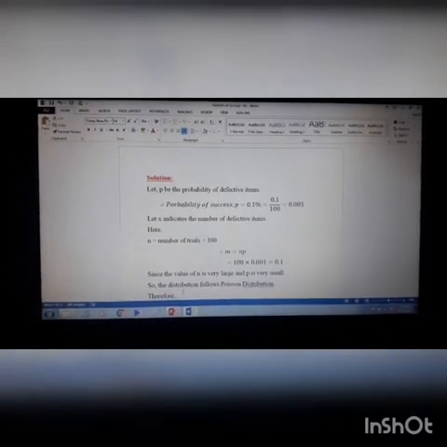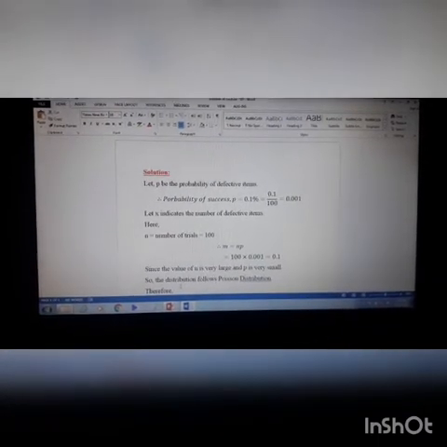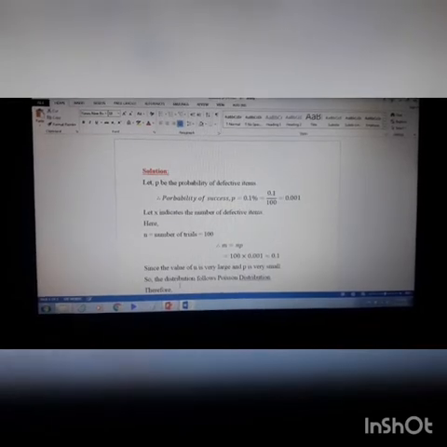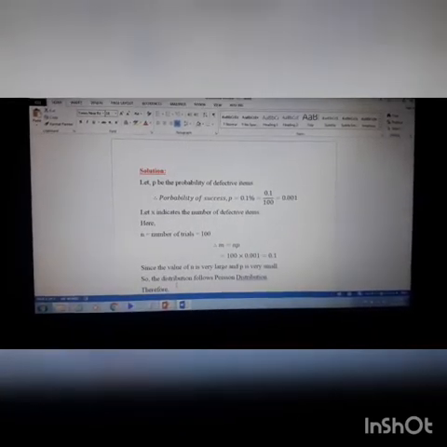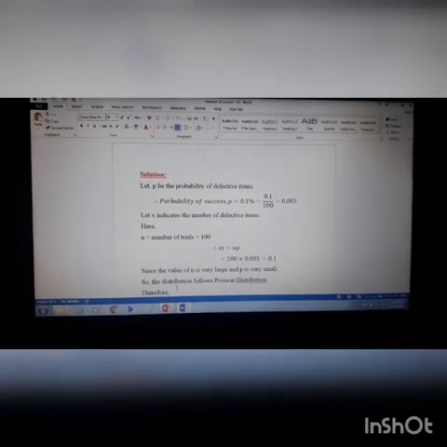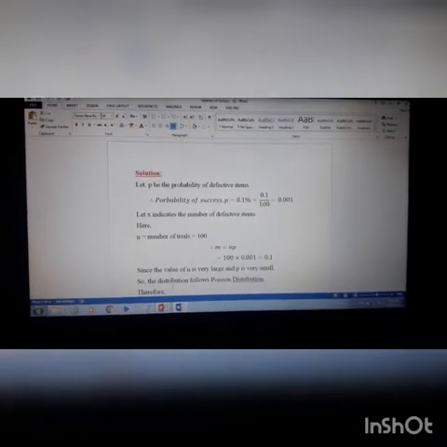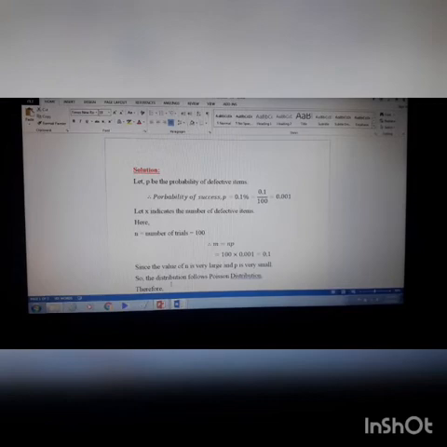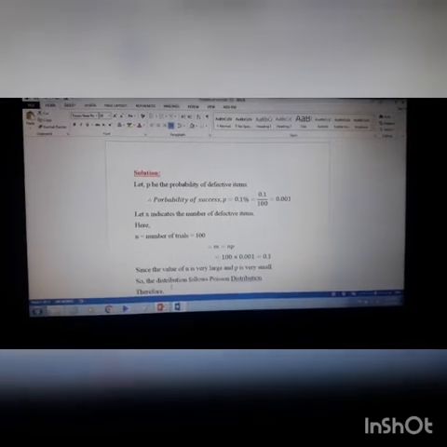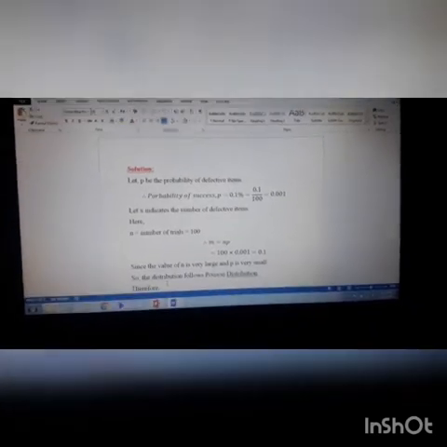So let p be the probability of defective items, which is given as 0.1%, that is 0.1 by 100, which is equal to 0.001. Now the number of defective items is denoted by X. We consider X to be the variable which indicates the number of defective items.